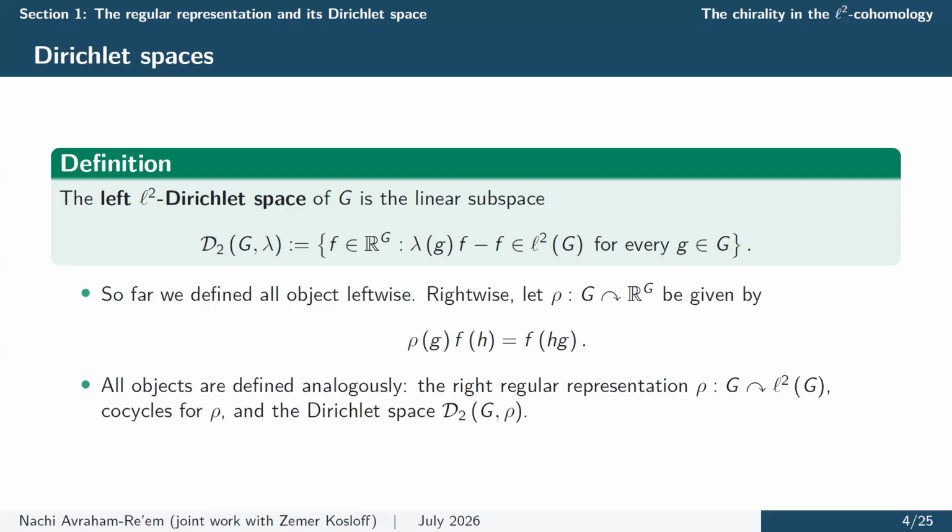We have the right regular representation, which is just the restriction of rho to the L2 space. This is also a unitary representation. We have cocycles for rho, just functions whose right translations compared to the original function are square summable. And we can define the Dirichlet space corresponding to the right regular representation.